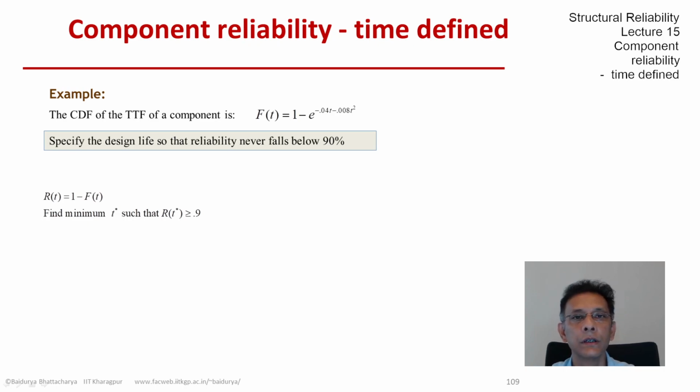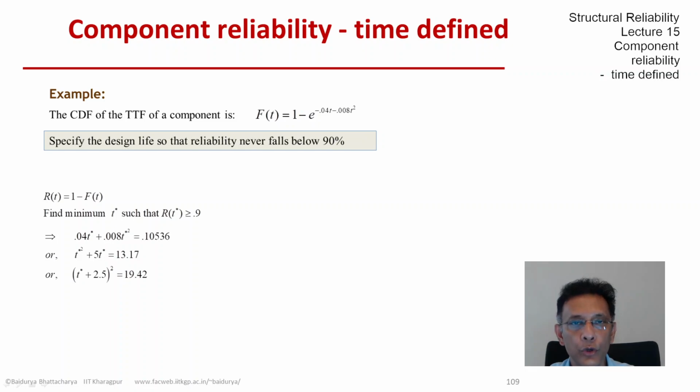By definition, the reliability function is 1 minus the CDF of the time to failure, and we need to find the minimum time t star such that R at t star is at least 0.9. So it now becomes a simple solution of t star from a one variable equation.